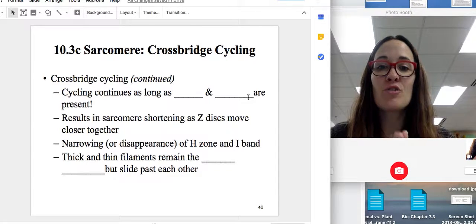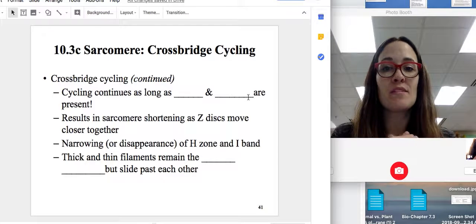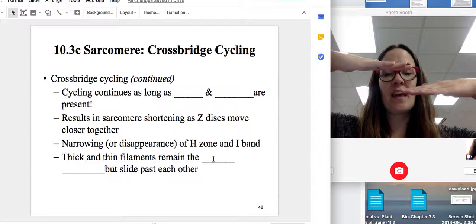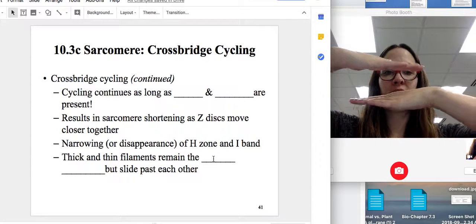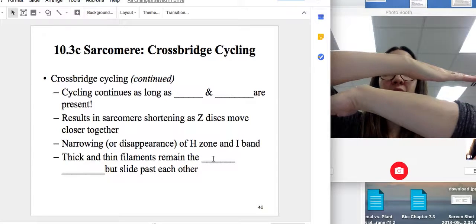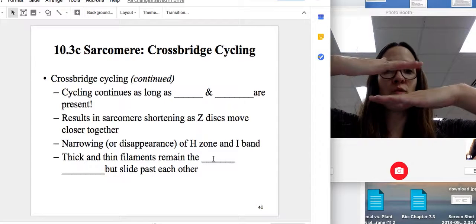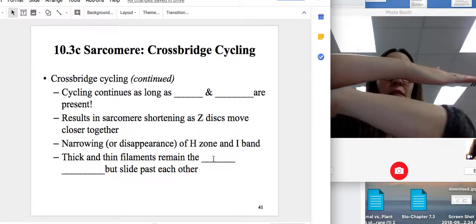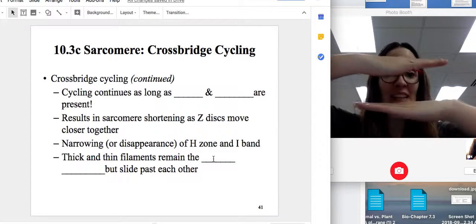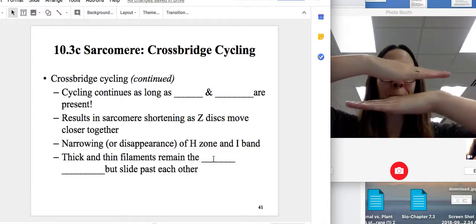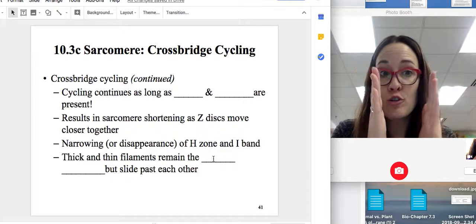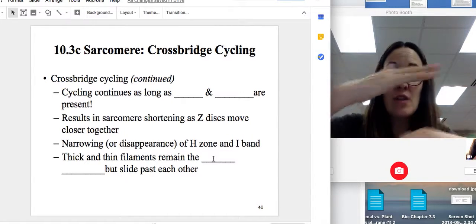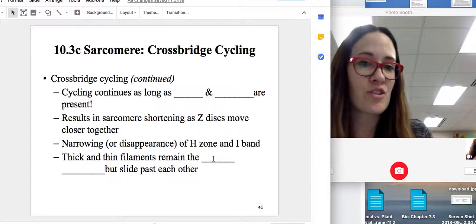Now, you should note that the thick and thin filaments remain the same size. Here's my myosin, here's my actin. All they do is slide past each other. They don't actually shorten themselves. The sarcomere shortens, but the actual filaments do not change size or shape.